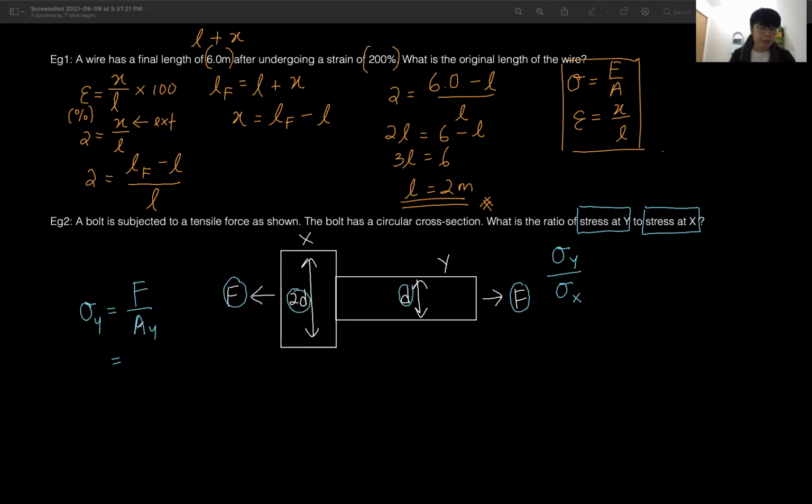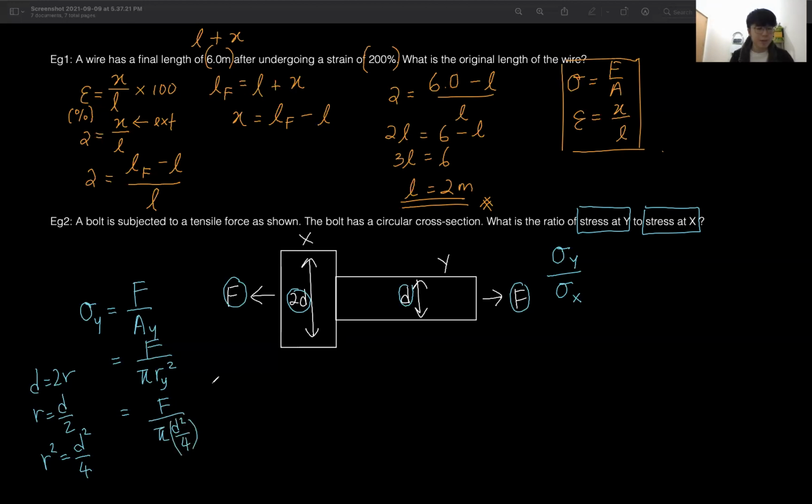So I write the area as force over pi r squared, and this is the radius for Y. Then diameter equals 2r, so r equals diameter over 2, and r squared would be d squared over 4. Put it in: F over pi d squared over 4.